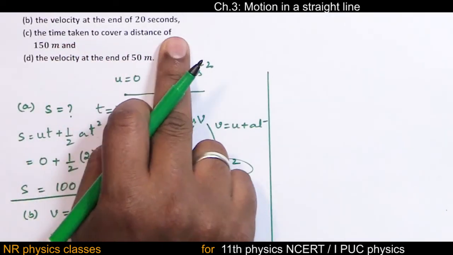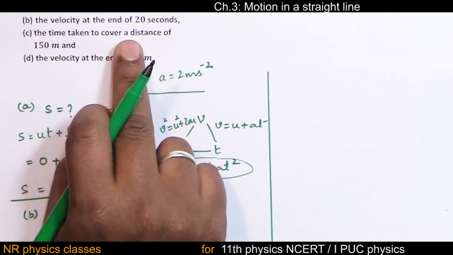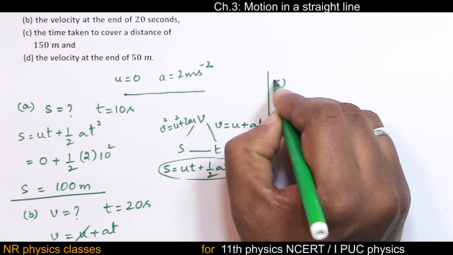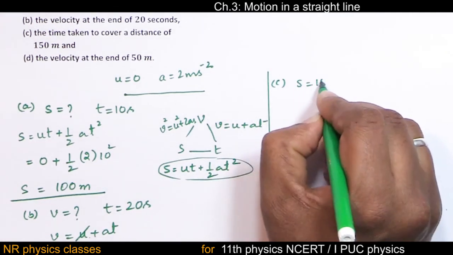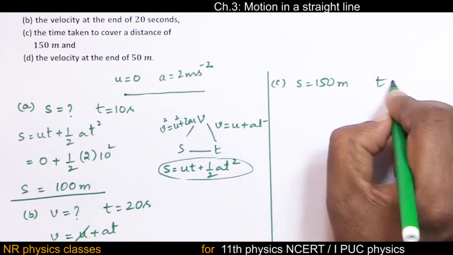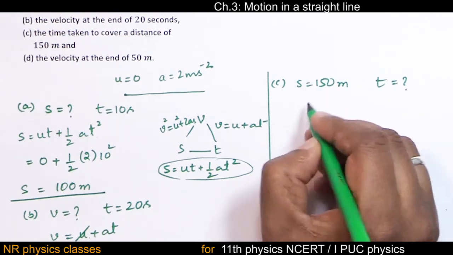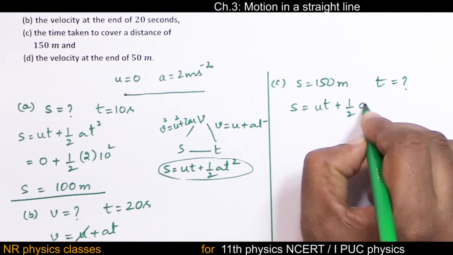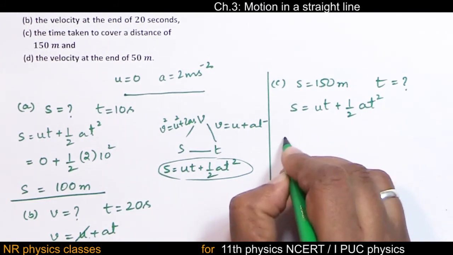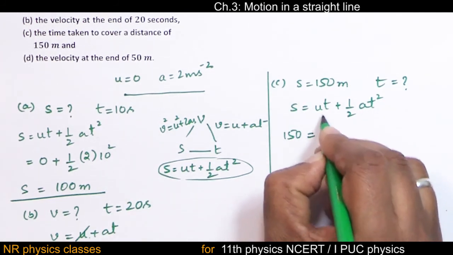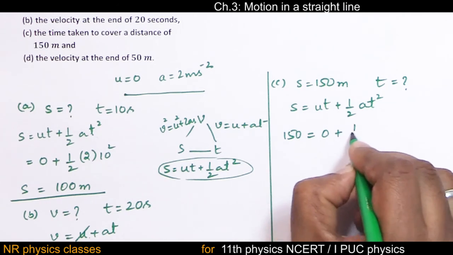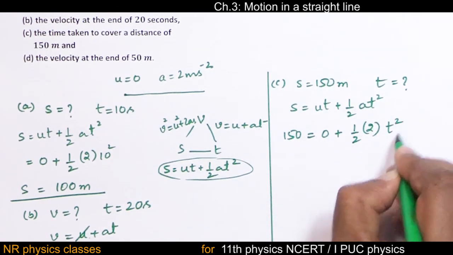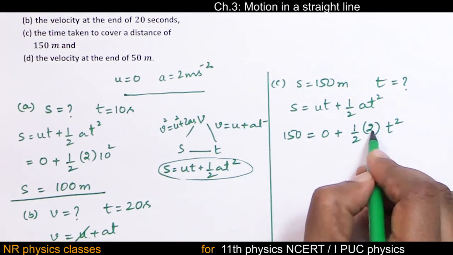C. Time taken to cover a distance of 150 meter. Time, ST. S equals ut plus half at square. 150, initial velocity is 0 plus half, acceleration is 2, t square. 2 cancels.